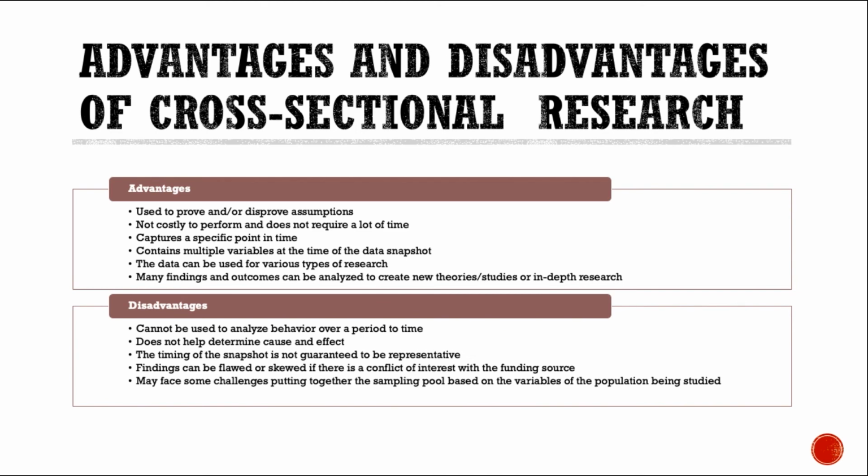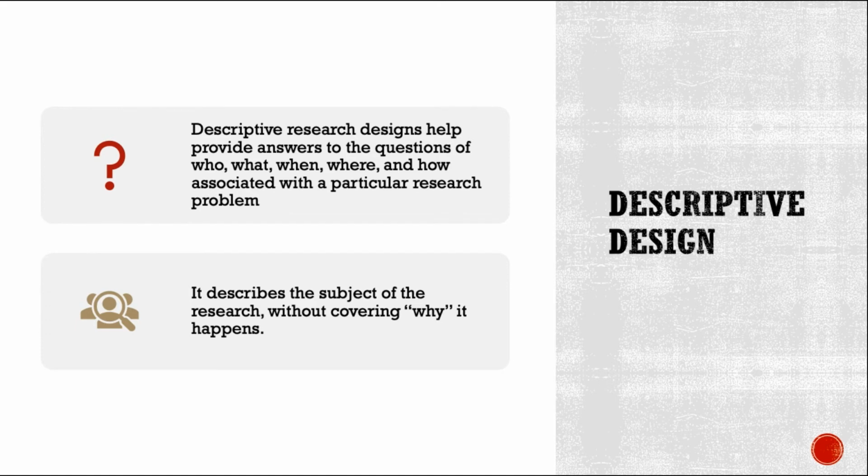People may be facing or have faced some difficulties or shocks, let's say an earthquake, and they were emotional, so they answer not in an objective way. They may be very biased. You may also face some challenges putting together the sampling pool based on a variable of the population being studied. So this is maybe another shortcoming.